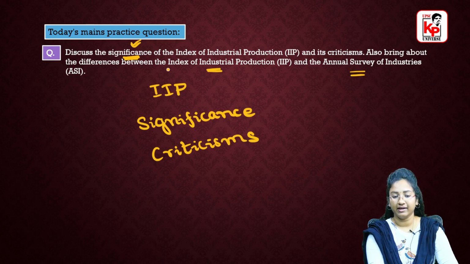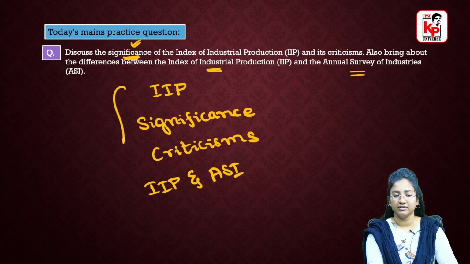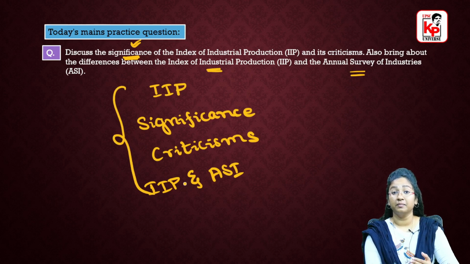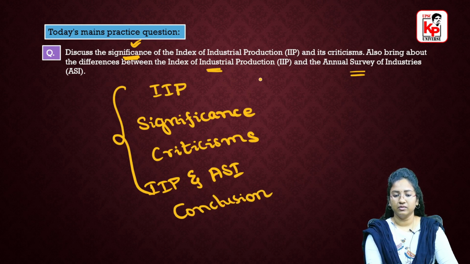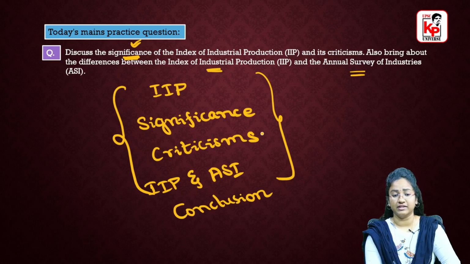And then in the second part of the question you can show the difference between IIP and ASI, that is, Annual Survey of Industries. This is how you have to give your answer, and then you have to give a conclusion for this. So this would be a rough framework of how you can answer this particular mains practice question.